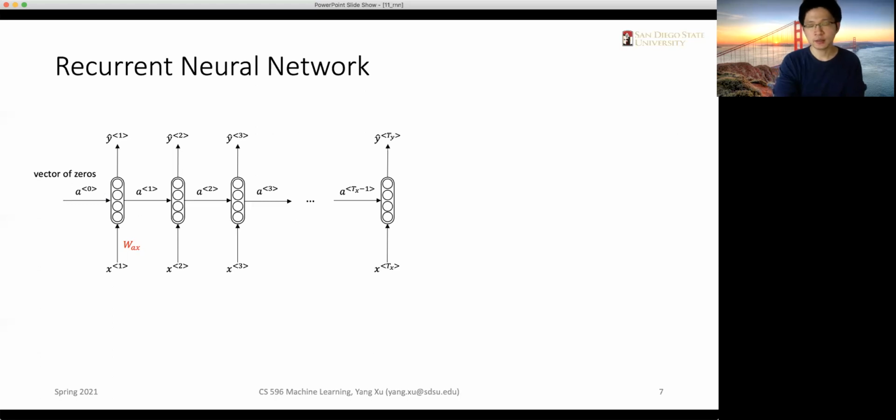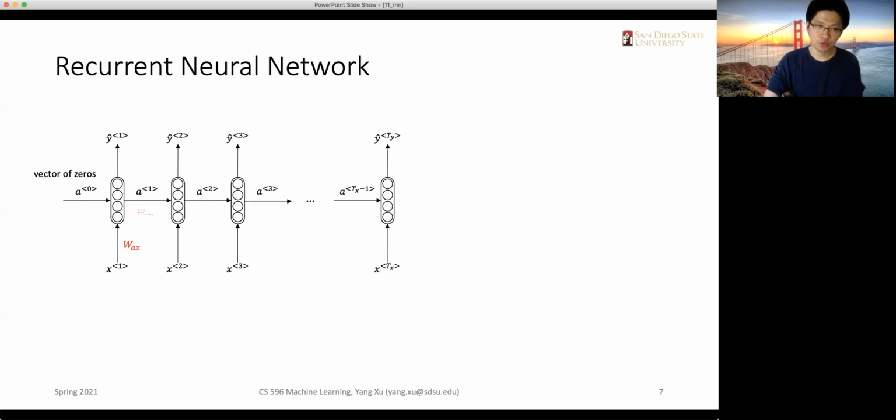Of course, there will be a bias, but I didn't put it here. This WAX is a weight matrix that represents how we take the input x1 and compute the activations.